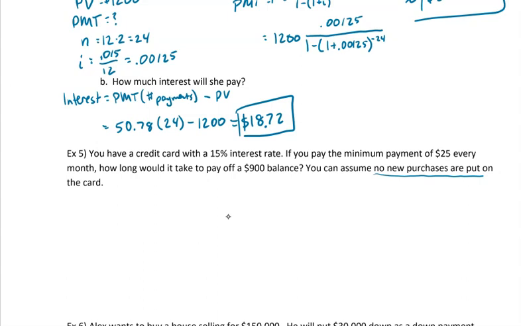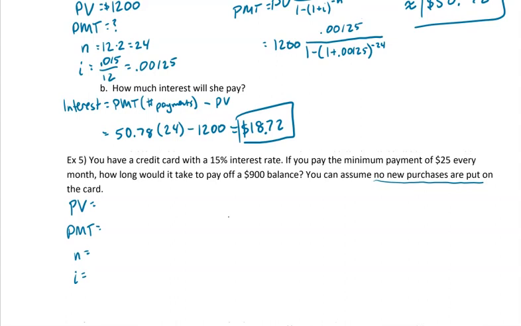All right, so again, we're going to start off with all of our variables. So PV, PMT, n, and I. PV, again, it's present value. It's how much the loan is at the start, so that's 900.